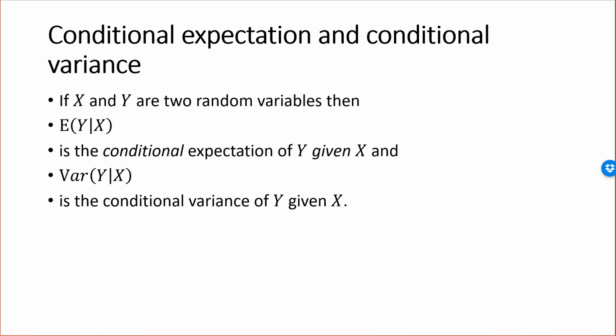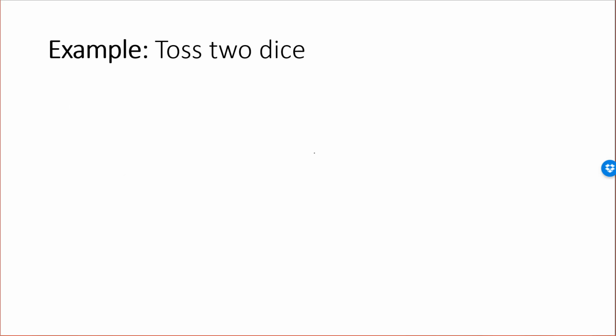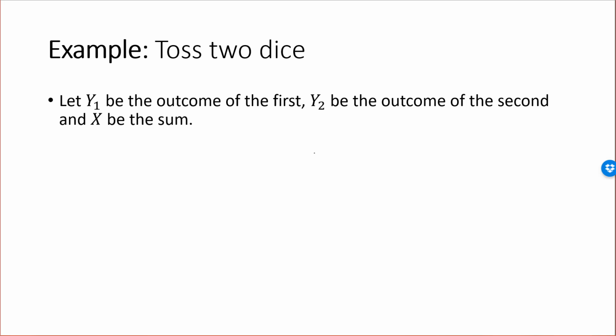So let's look at an example which I think may illustrate these conditional expectations and variances. Let's say I toss two dice, and I'm going to let y1 be the outcome of the first and y2 be the outcome of the second, and I'm going to let x be the sum. So the unconditional expectation of y1 is 3.5.